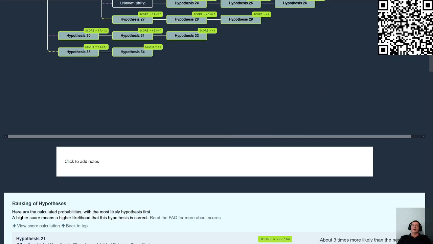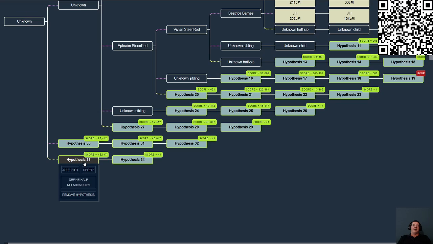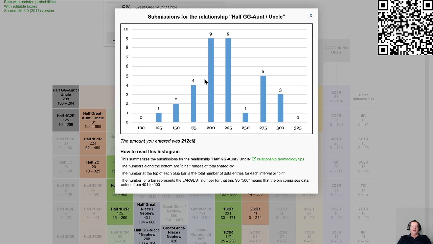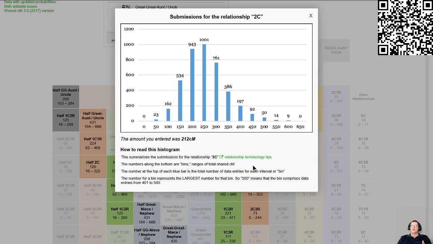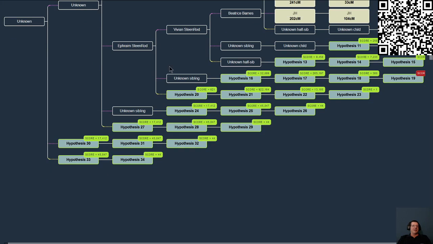So if I come down here, this half great that we just looked at is the number 3 most likely hypothesis, even though there was only a handful of people out of the hundreds of thousands of people that are in that DNA statistics to have that be the 3rd most likely, as compared to over here, just seems to be that the year is being factored in too strong.